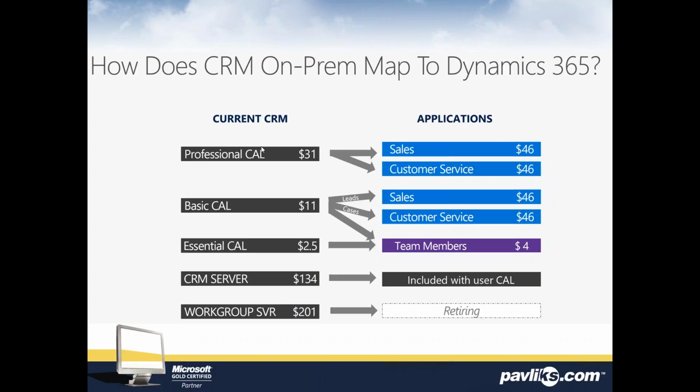There is no AX, and the cost of the applications is less because you're just moving over into the functionality of CRM. So Pro CALs are both customer sales and service, and basic CALs can go to either sales or customer service, or you can drop down to a cheaper team member SKU.